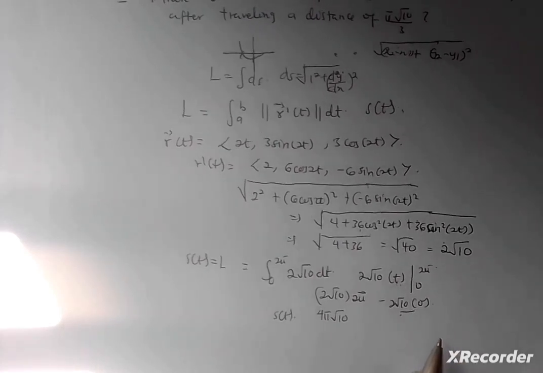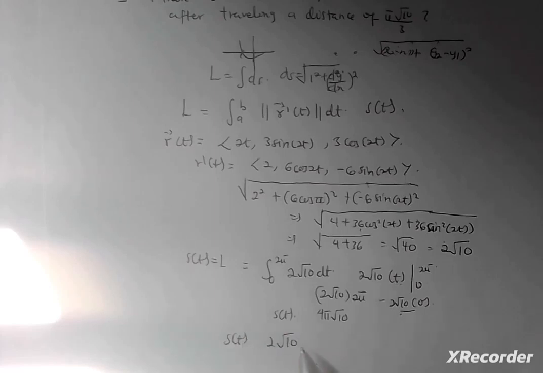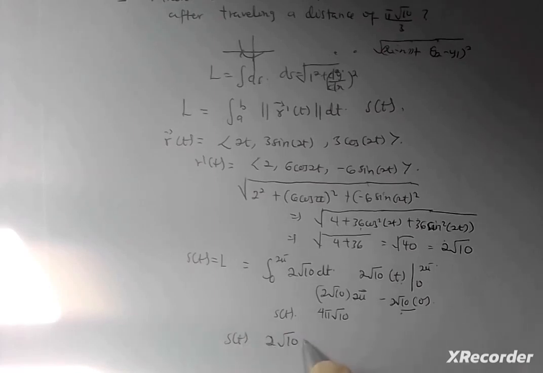So in this section, my reparameterization is simply in this sense. Once I have my length of the arc, I got 2 square root of 10 t as my s of t.